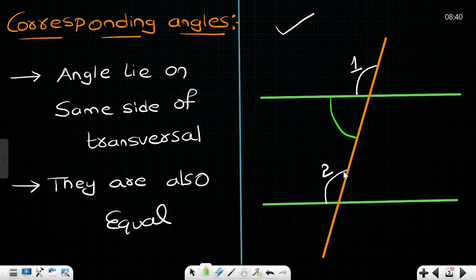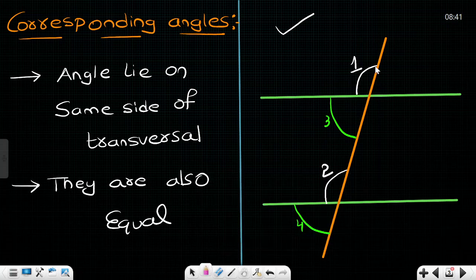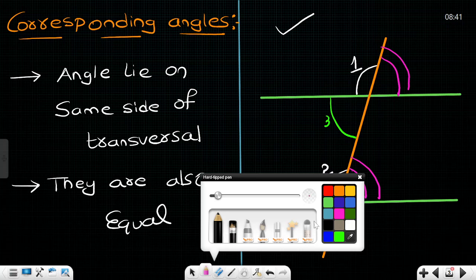This angle and this angle, they are also corresponding. There can also be other sets, this one and this one. These two can be corresponding.